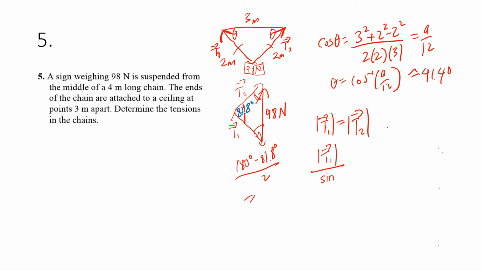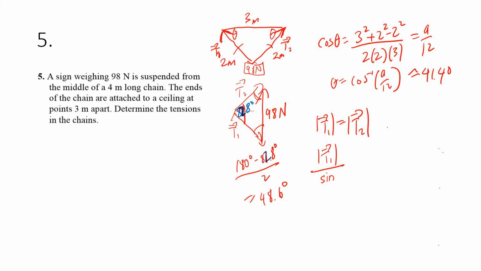Oh, sorry, I made a mistake here. This should be 82.8. I did not multiply that correctly. So I still have to subtract 82.8 from 180, and that should give me 48.6 degrees.